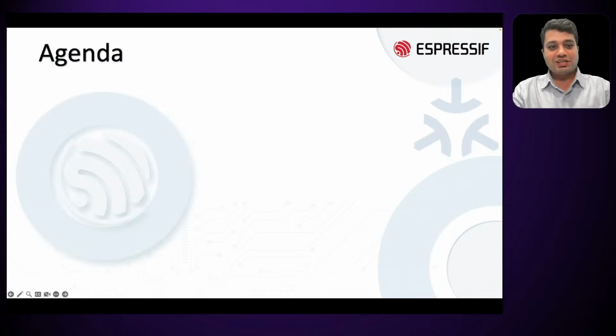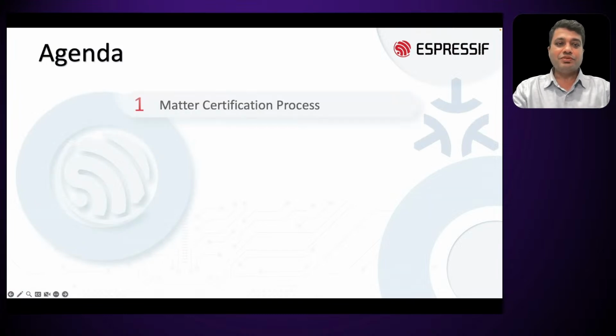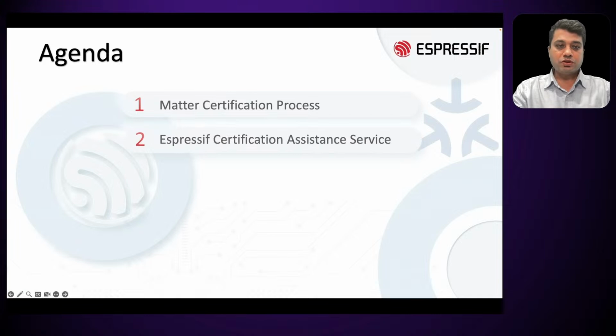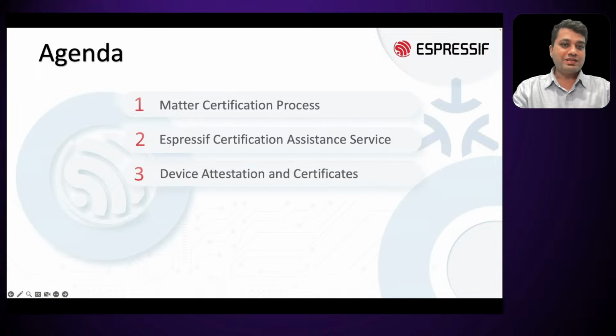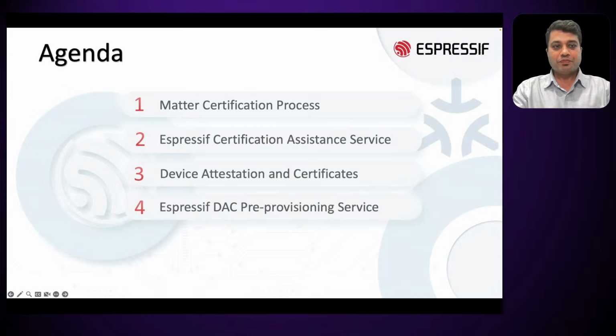So let's go through the agenda of this webinar. Firstly, I will talk about what the Matter certification process is in detail. Then I will talk about how the Espressif Certification Assistance Service can help customers certify their devices with ease. Then I will go into device attestation and device certificates. This is where I will also talk about the manufacturing complexity that gets added because of the device certificates and certain properties of those certificates.